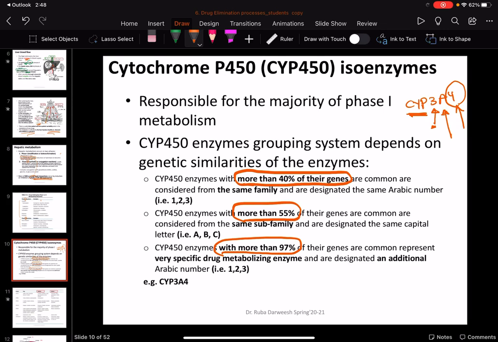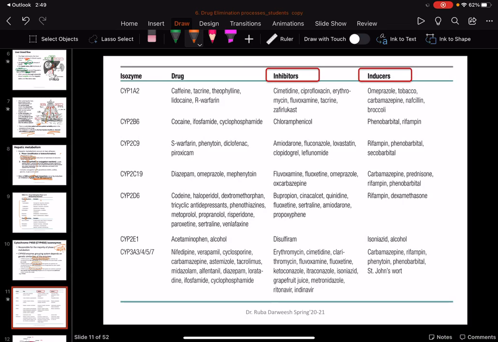So the nomenclature between different groups is related to the genetic similarities between different enzymes, and that's why we subdivide them into different groups accordingly.